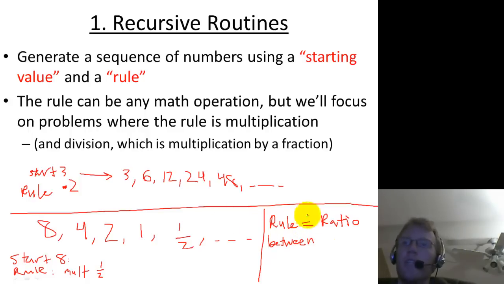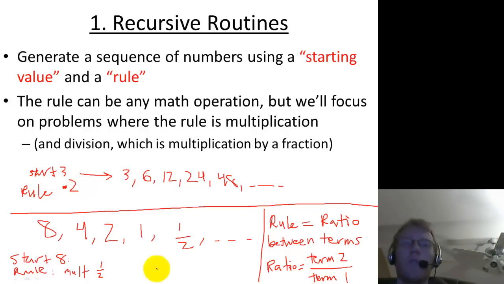If you take the ratio of any two terms, you can define the ratio for any sequence like this as the second term over the first term. For example, in this one, the second term is 6, the first term is 3. 6 divided by 3 gives the rule, which was times 2. So the rule is the ratio between the terms. A lot of times in these sequences, they'll say what's the starting value and what's the ratio, rather than what's the starting value and the rule. But you should know that those two are the same thing.